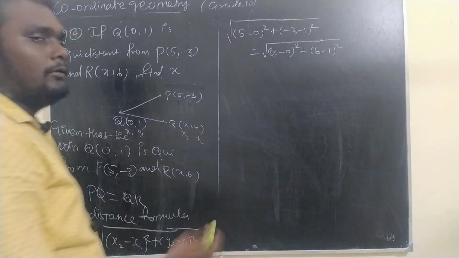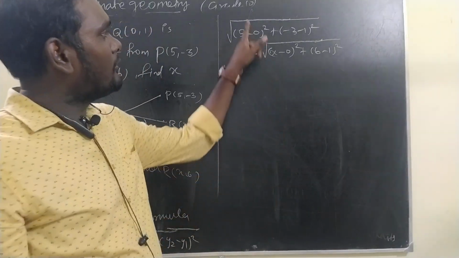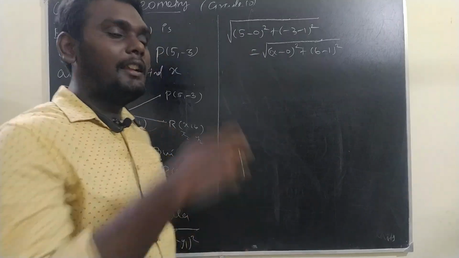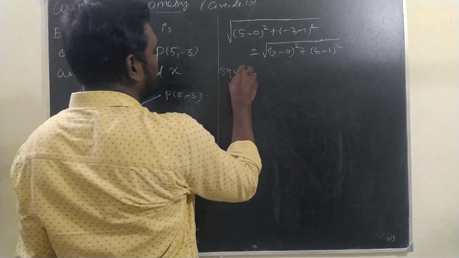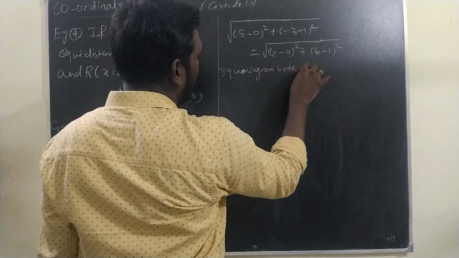Okay. Now apply. 5 minus 0, how much? See, here also square root, here also square root. Square root equals square root. Squaring on both sides, what will happen? The square root gets cancelled.